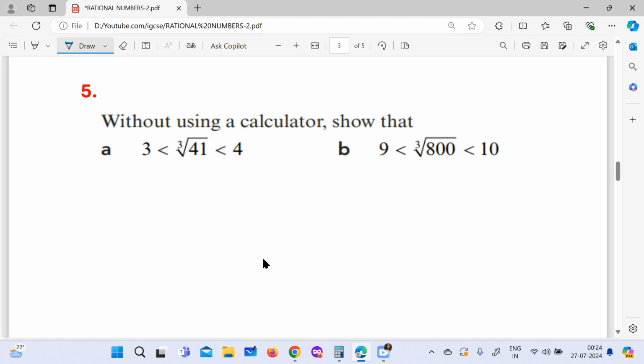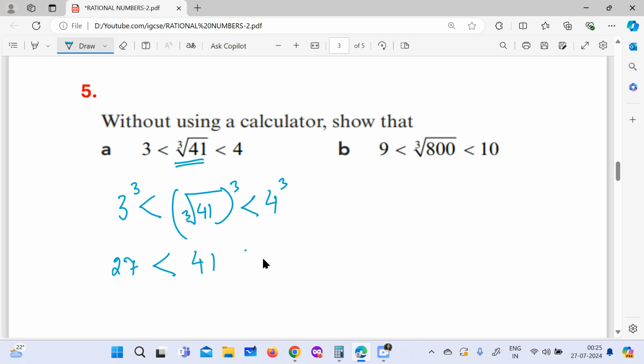Since this is about cube root, we will cube all the numbers here. We will do 3 cubed, cube root of 41 cubed, and 4 cubed. So 3 cubed is 27, and when you cube this, you will get 41, and here you get 64.